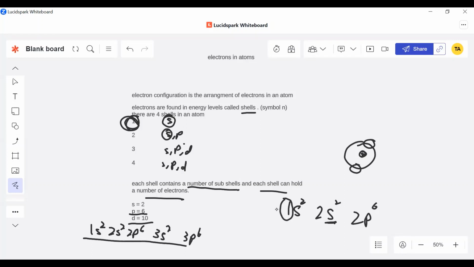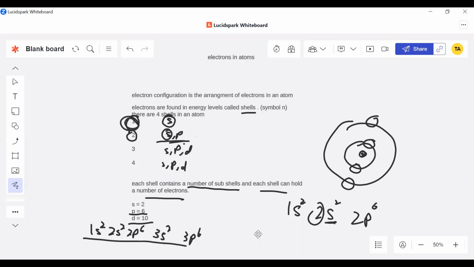So I start with the first, which can hold 1 subshell, the S subshell. Then I move on to the second shell, which can hold 2 subshells. So one like this, and then the P subshell can be this right here, doesn't matter. But the main thing is the second shell can hold 2 subshells, which are S and P.